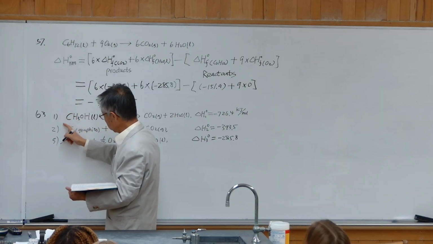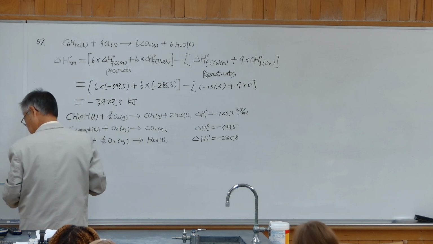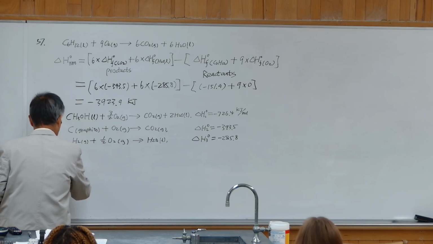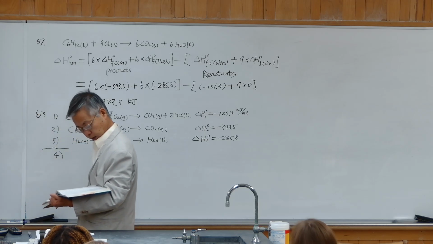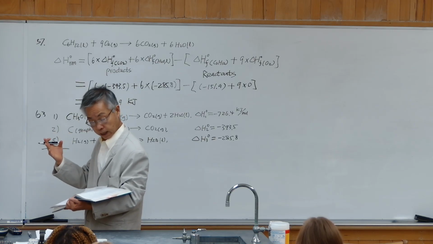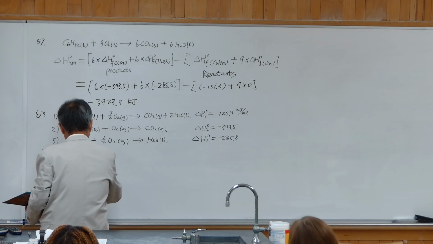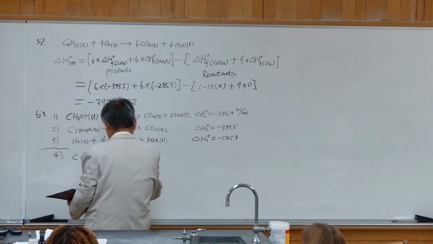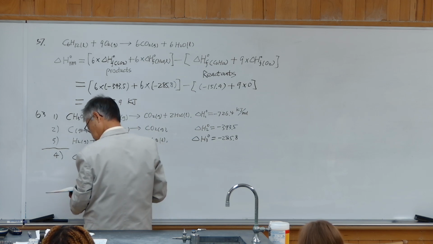It asks you to use these three reactions' enthalpy changes to calculate the enthalpy of formation of methanol from its elements. This actually is reaction 4. Reaction 4 is synthesis. So calculate the enthalpy of formation of methanol. This means synthesize methanol from its elements. The elements are carbon, which is graphite, hydrogen, and oxygen.